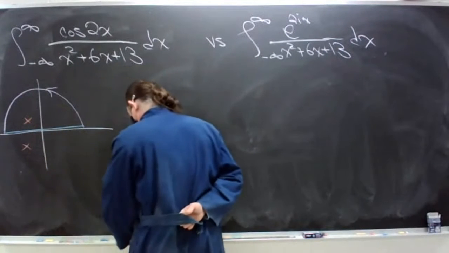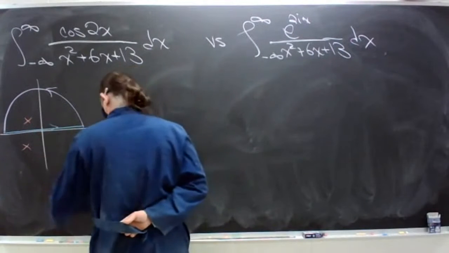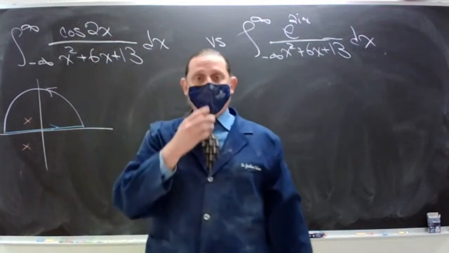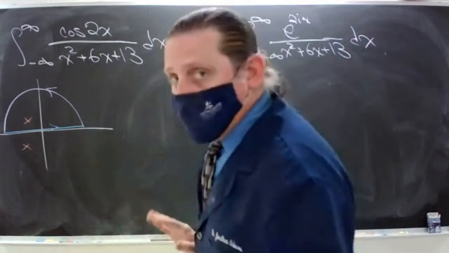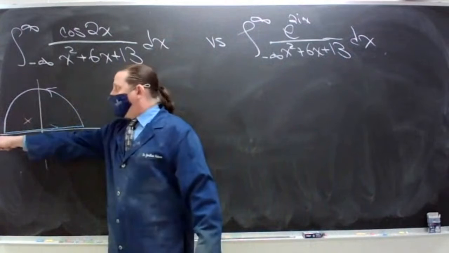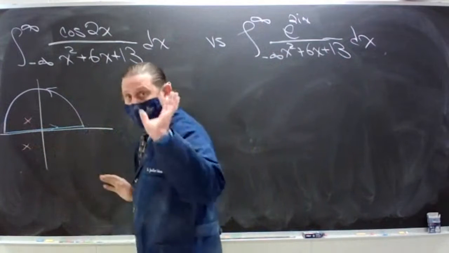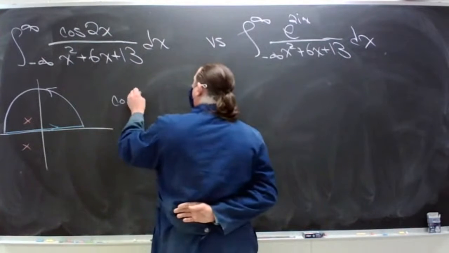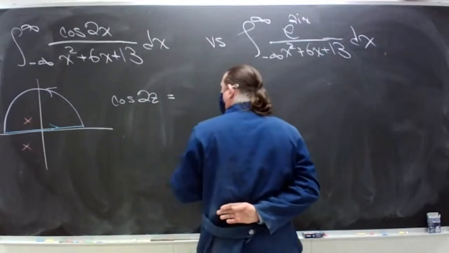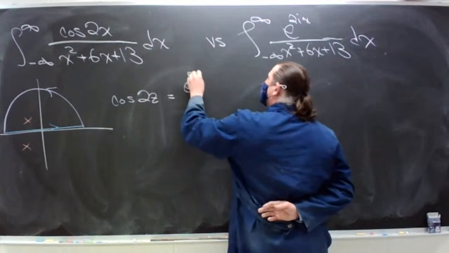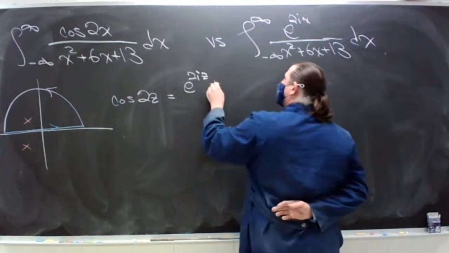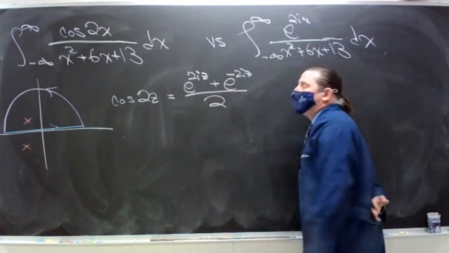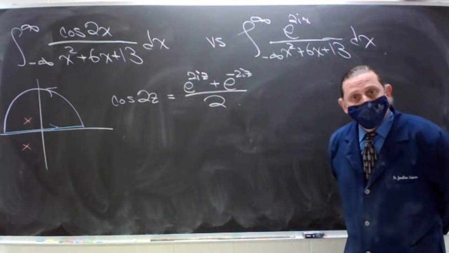If I close like that, I can ask about the function cosine 2z along this curve. Now, remember, cosine 2z is defined in that way.